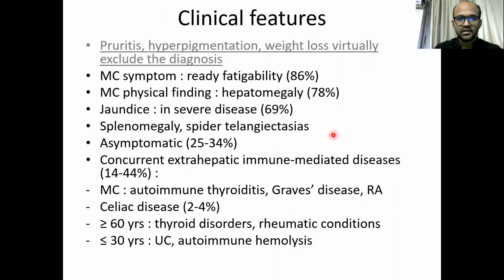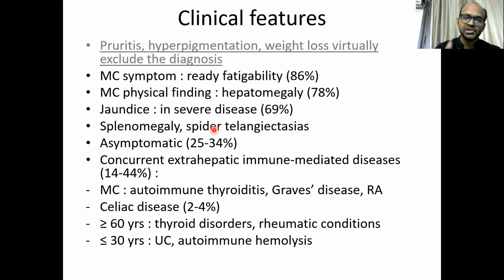Now, these are the clinical features I was talking about. Pruritus, hyperpigmentation, and weight loss, if present, should point to an alternative diagnosis because they are virtually absent in a patient with autoimmune hepatitis. The most common symptom is fatigability. The most common finding is hepatomegaly. Jaundice can be seen in severe disease.